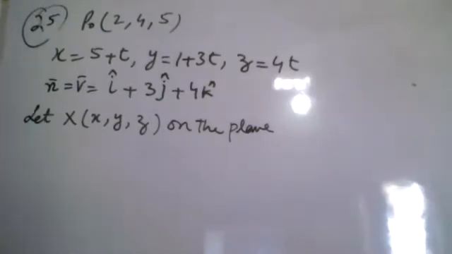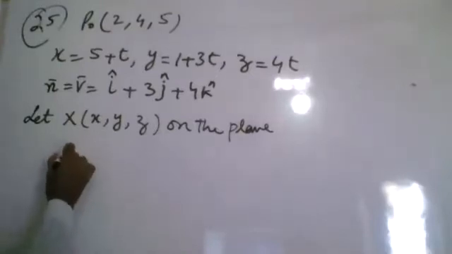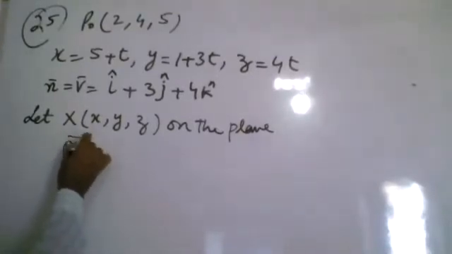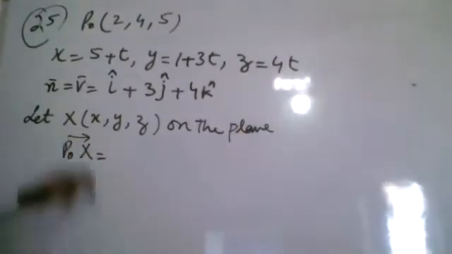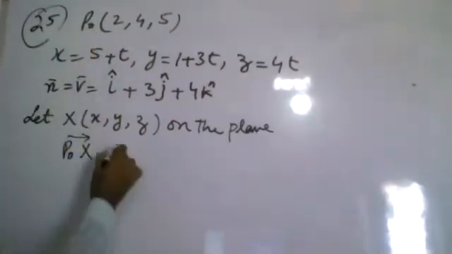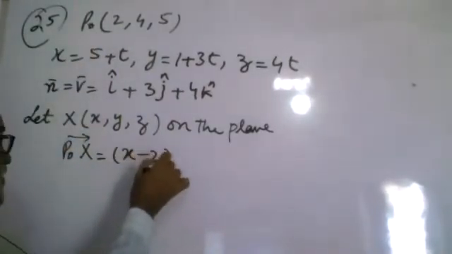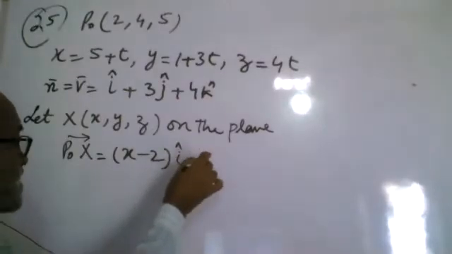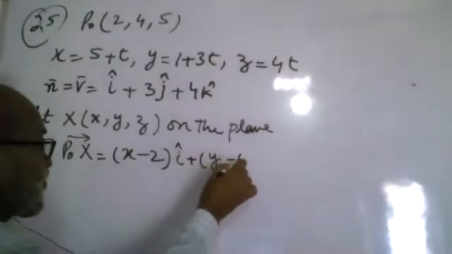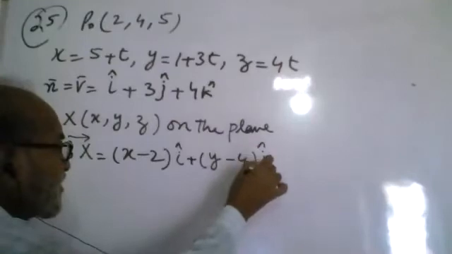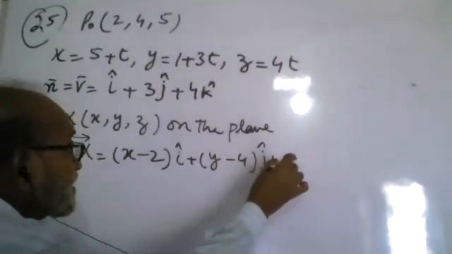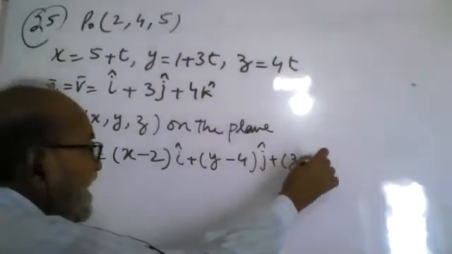We will find the vector P naught X. That will be (x minus 2)i plus (y minus 4)j plus (z minus 5)k.